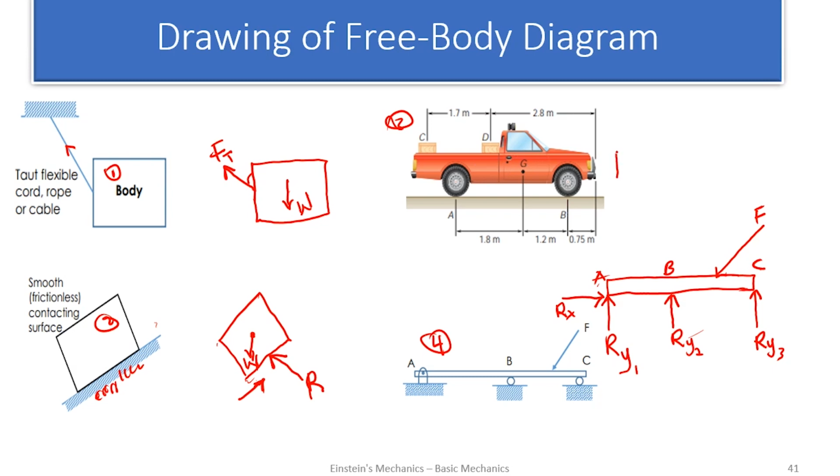I have the car, just a representation of the car, and I have box C and box D. And there are wheels, and the G of the car is here.